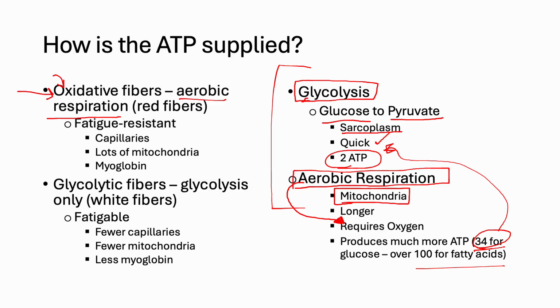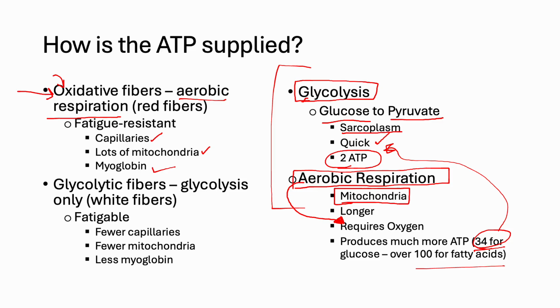They appear red because these fibers have more capillaries, a lot of mitochondria, and a lot of myoglobin, the protein that helps to store oxygen. These are fatigue resistant because we can generate a lot of ATP, but it takes time.